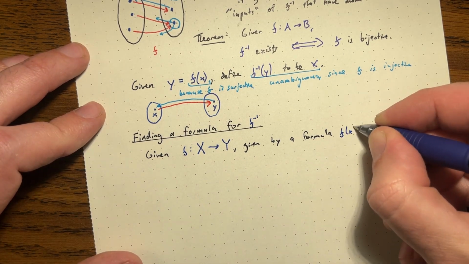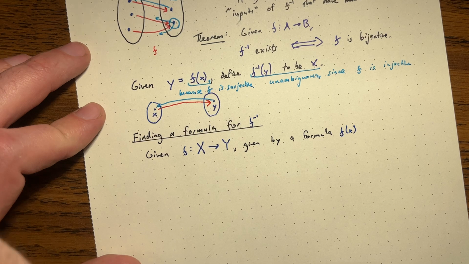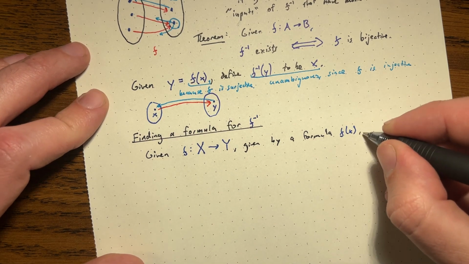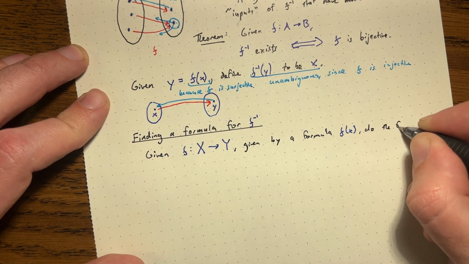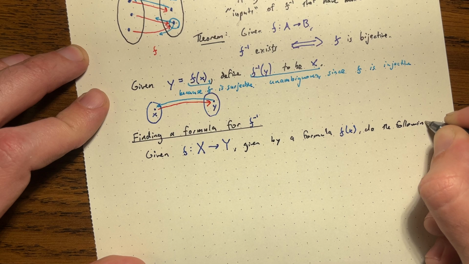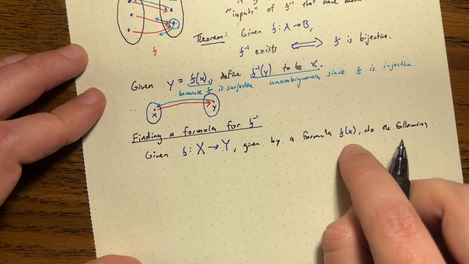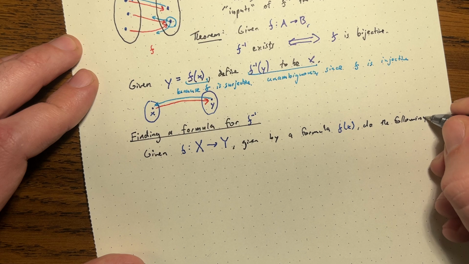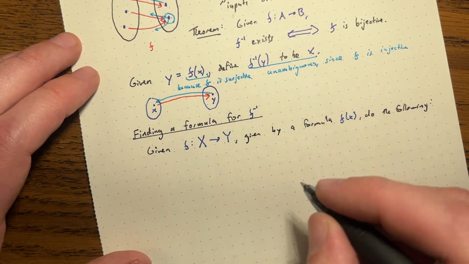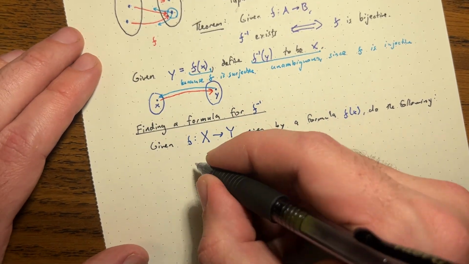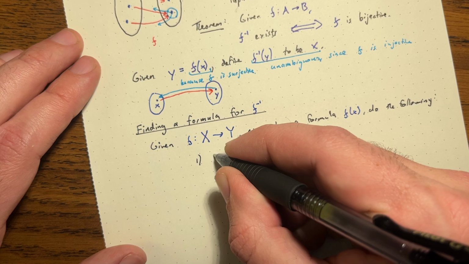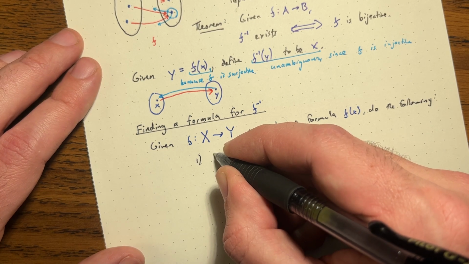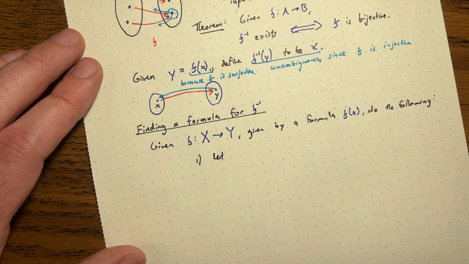Little x is in big X, that's why I call it that. So this is some expression involving the variable x. We do the following. Let's do this in steps actually. First we set y equal to f of x. So we let y equal f of x.